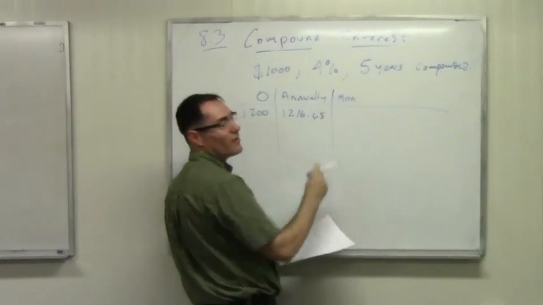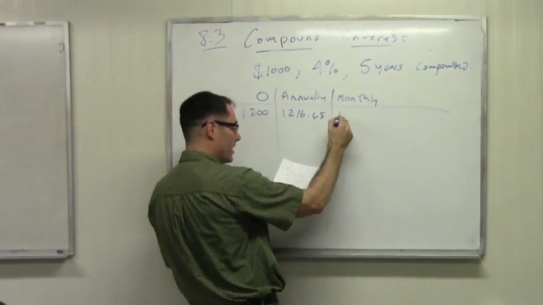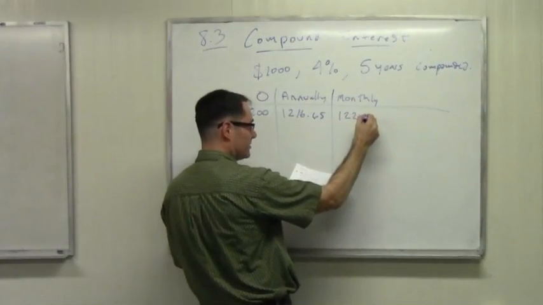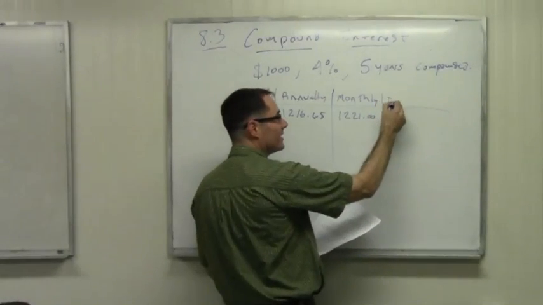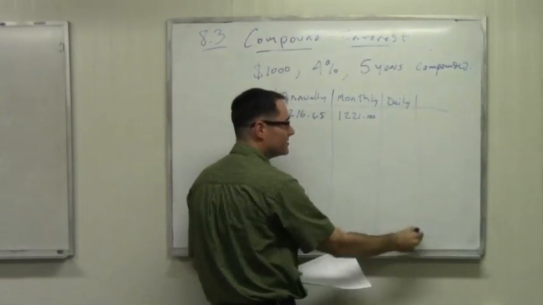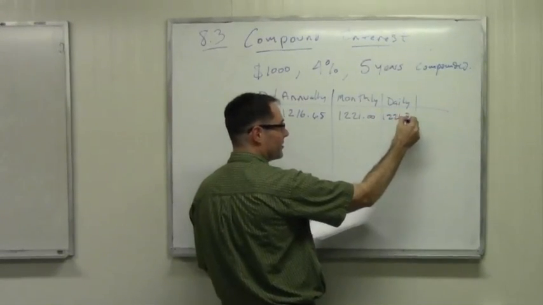Instead, if you said, no, the bank should pay me every month, you'd get $1,221 even. Daily, you could compound it daily, you'd get $1,221.39.